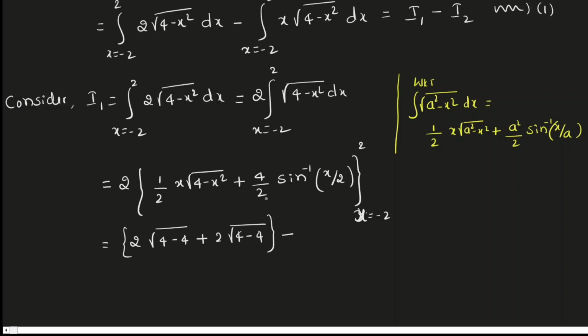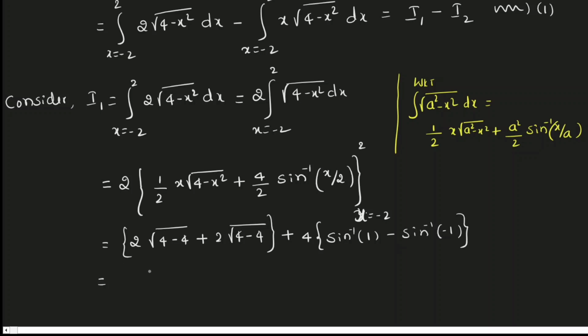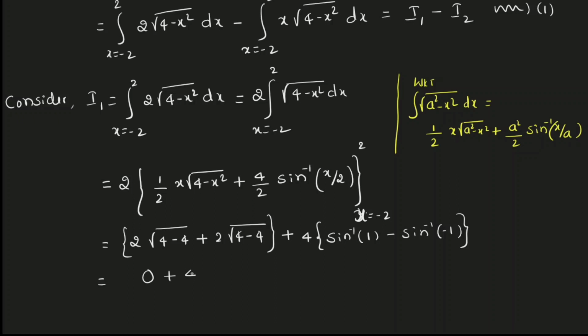Plus again the 2 cancels, so it is 4 into sine inverse of x by a: sine inverse of 2 by 2 is 1 minus sine inverse of minus 2 by 2 is minus 1. Now the first term becomes 0 plus 4 into sine inverse of 1.